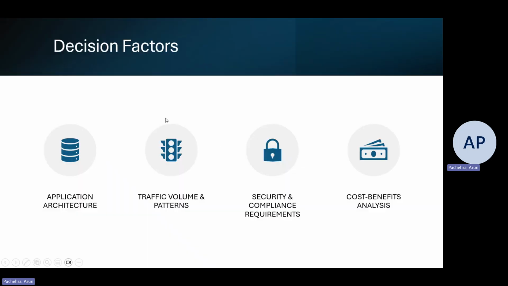And decision factors will be on application architecture. Consider if your applications require dedicated resources, isolation, or have unique security needs that necessitate separate app gateways. Because you have to choose or architect as per the requirement. So, how would you decide?